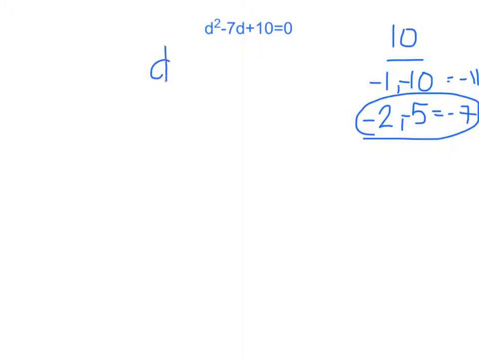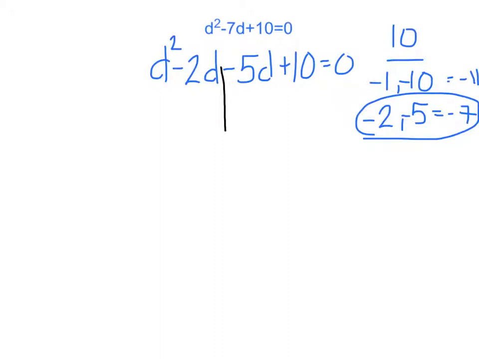So we have d squared minus 2d minus 5d plus 10 equals 0. We split it down the middle. I'll do a new color so we can see. So we take out your GCF here, which is d, leaving d minus 2. We take out your GCF here.